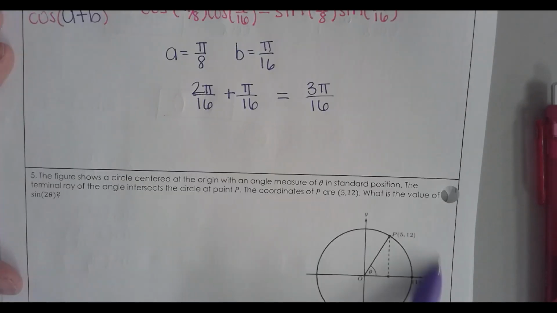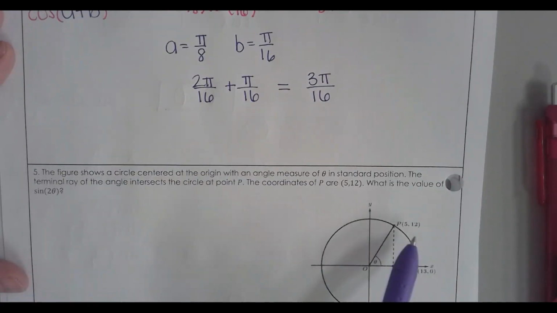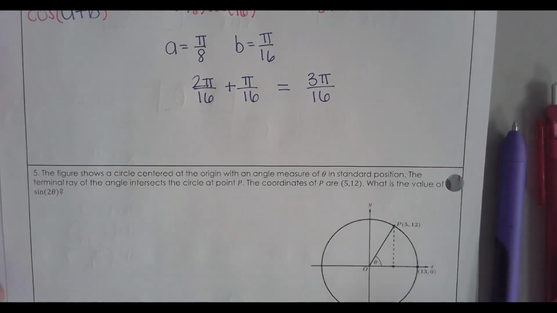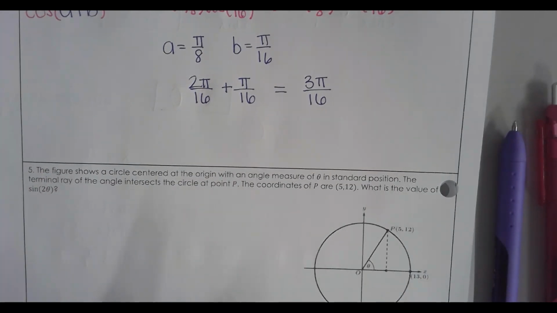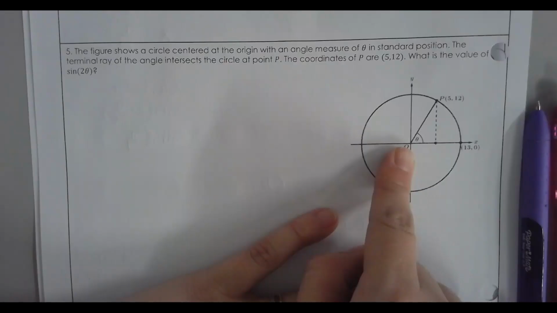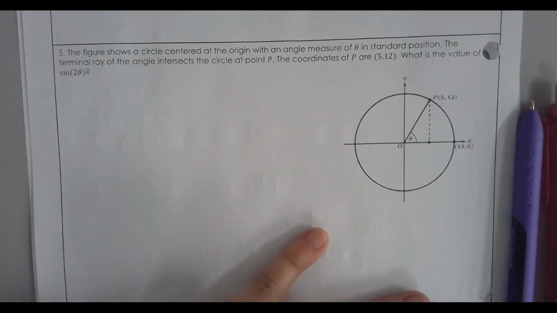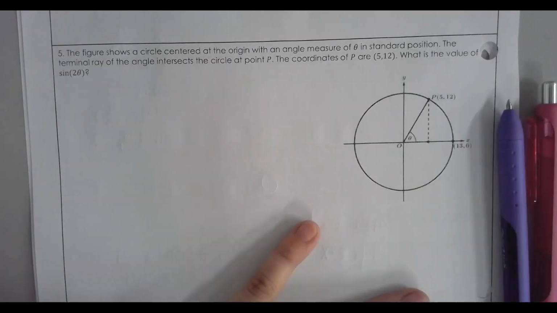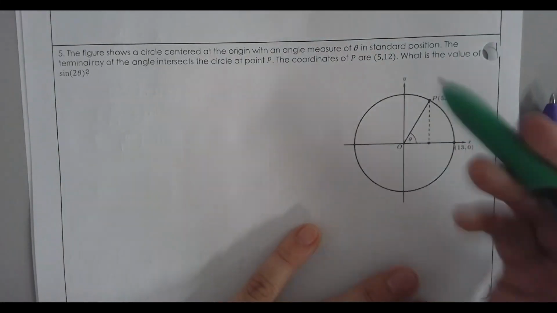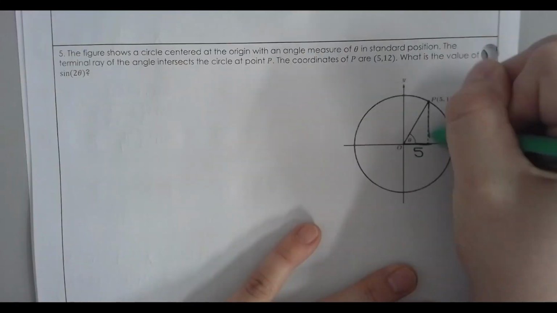So here we have a figure. Everything that's explained here is in the picture, but notice the numbers don't match up with a true unit circle. This is the point 5, 12, so this length has to be 5.